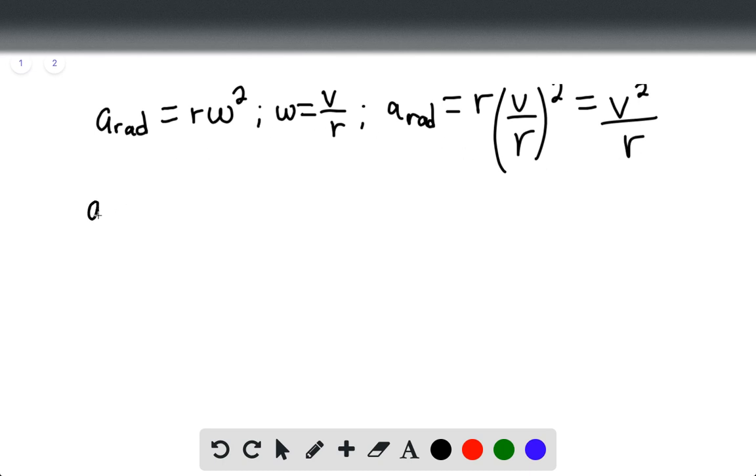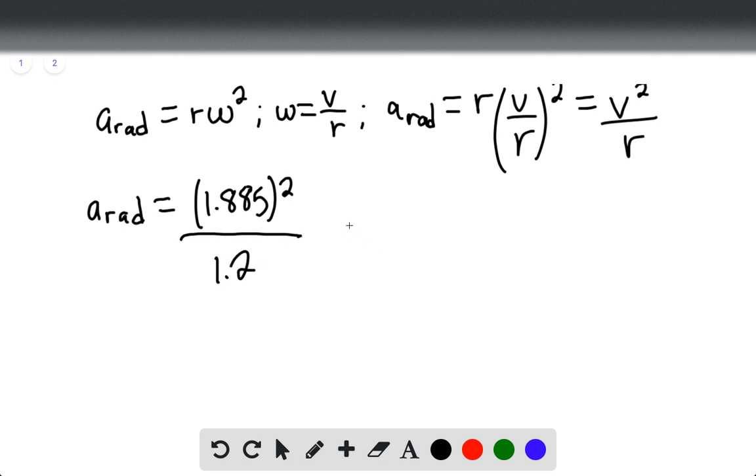At this point, we can plug in. So a radial equals 1.885 squared, divided by r, 1.2. And we find that this is going to be 2.691 meters per second squared.